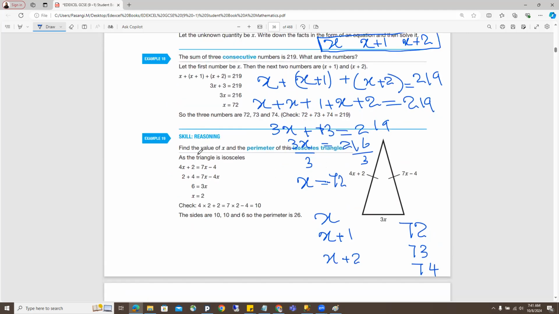Now, the second question is: find the value of x and the perimeter of this isosceles triangle. Can you explain to me, looking at this entire working, how you are going to do this one? First, just try to do that one.